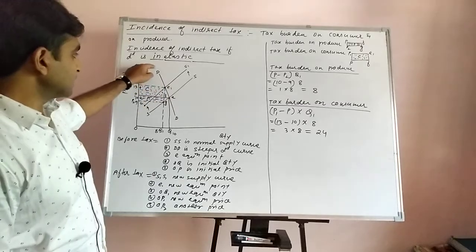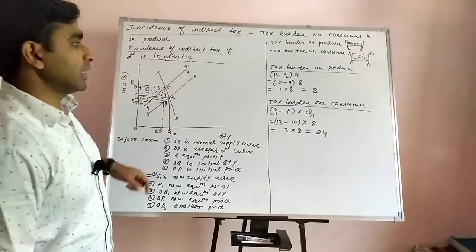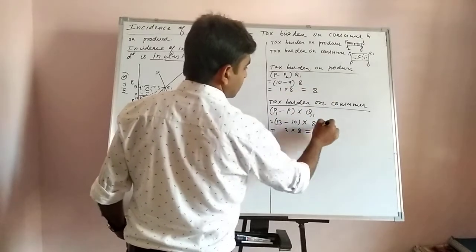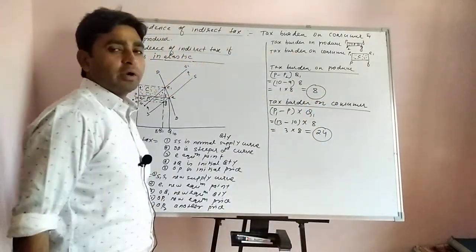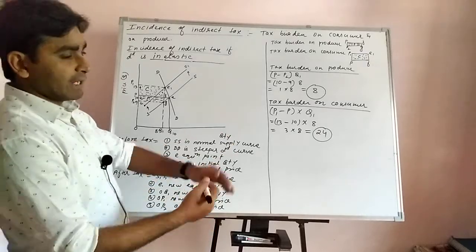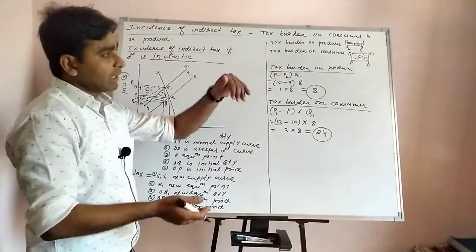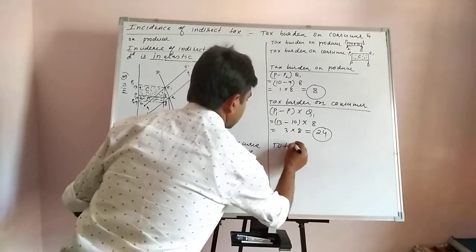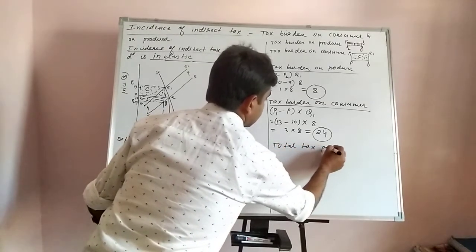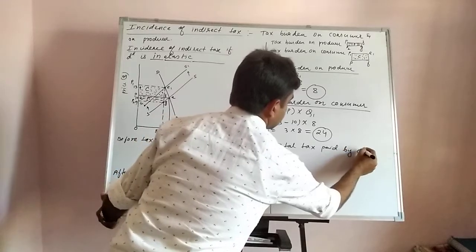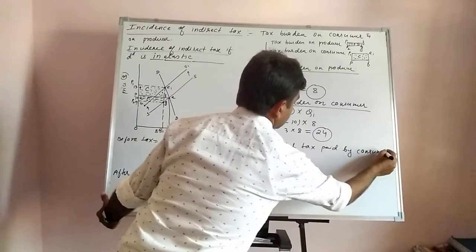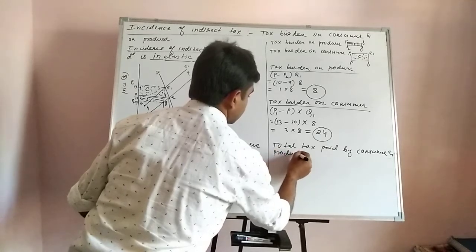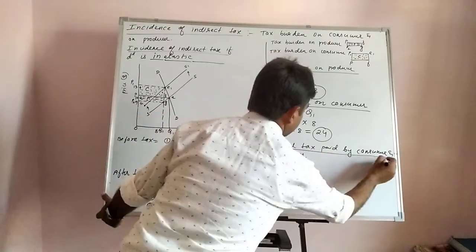If demand is inelastic, the more tax burden will be on consumer and less tax burden will be on producer. We'll find out the total tax paid by consumer and producer together. Fine. So total tax paid by consumer and producer together, okay?